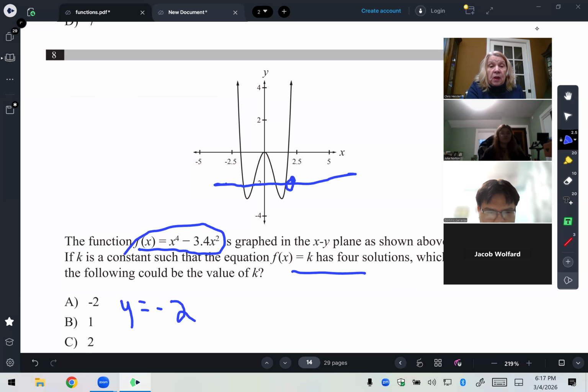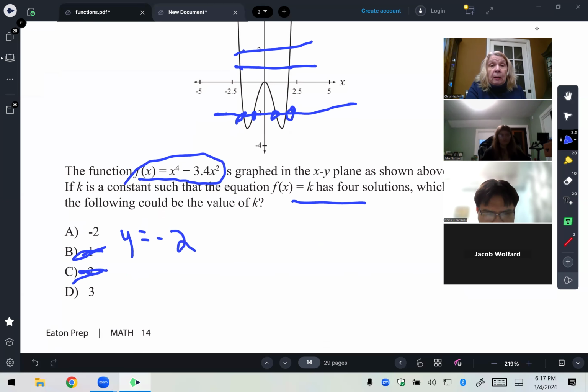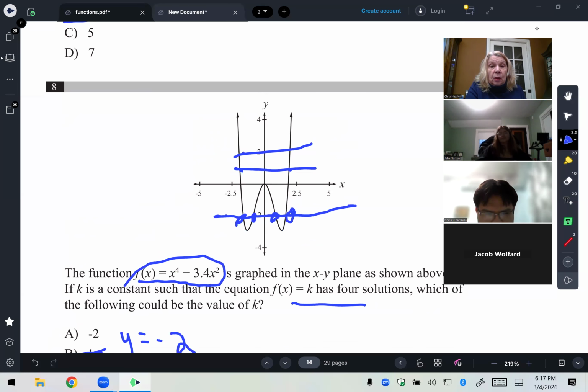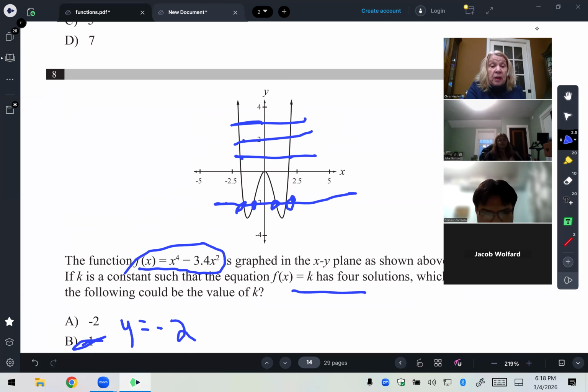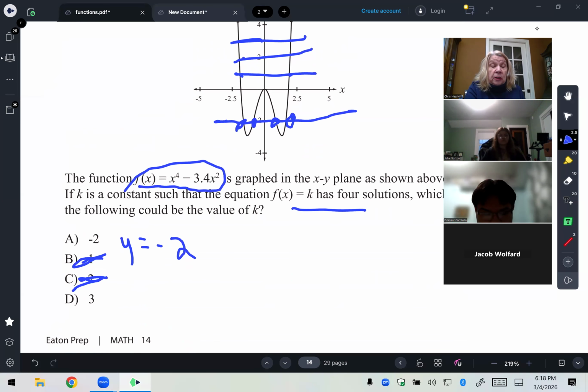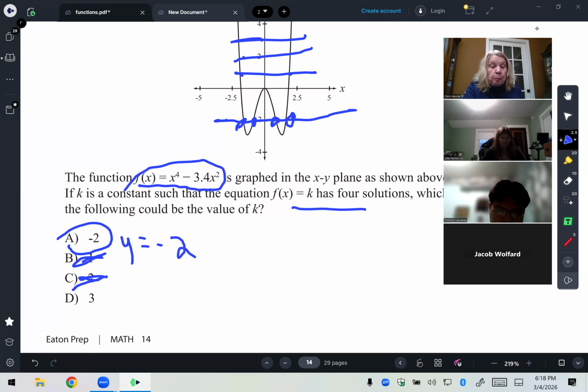Yes, 1, 2, 3, 4. y is 1, that's only going to cross at 2 points, so that's out. 2 is only 2 points, so that's out. And at 3, it's only 2 points. So the only one that has 4 solutions is -2. Does that make sense?